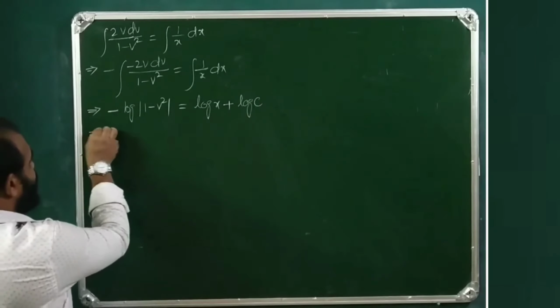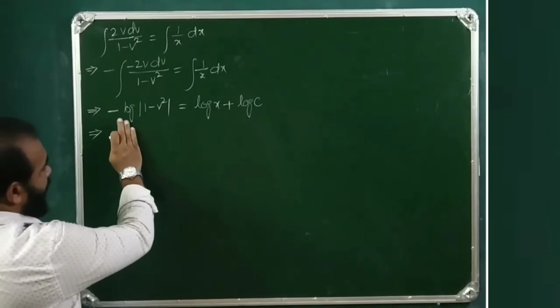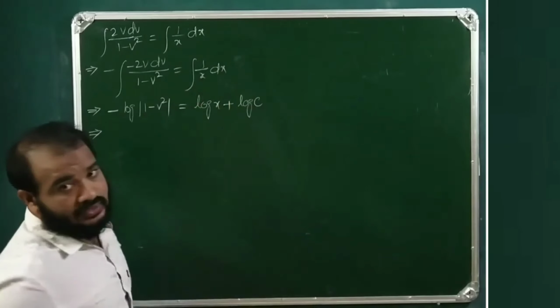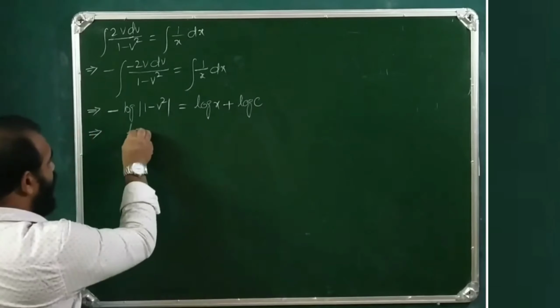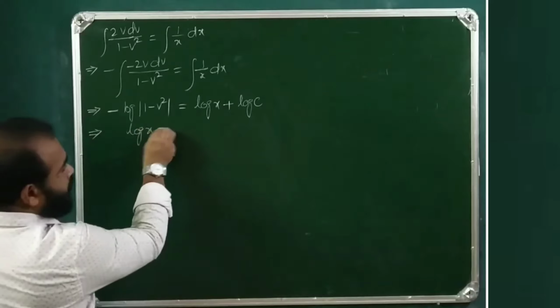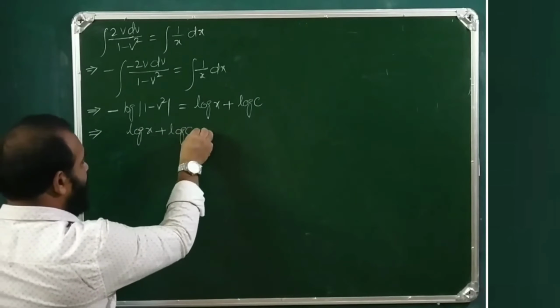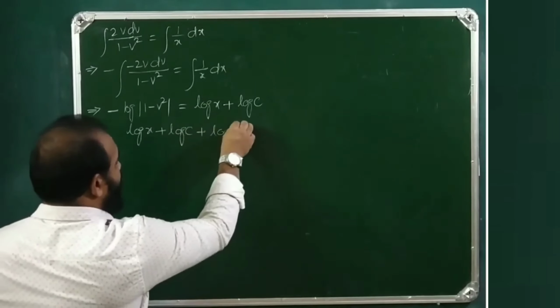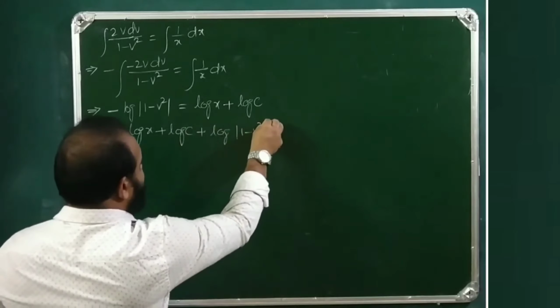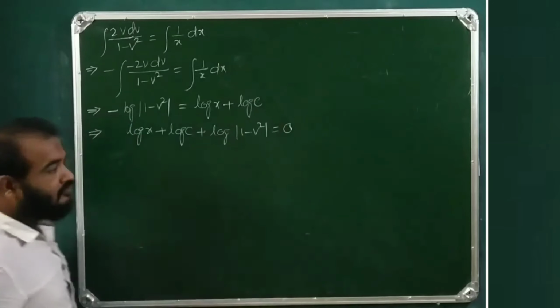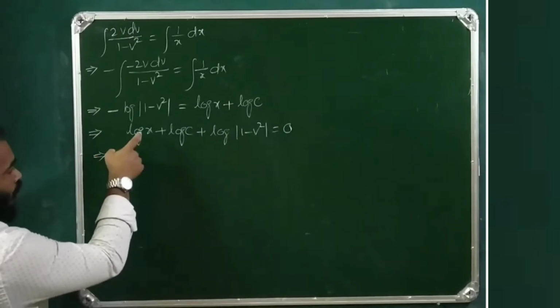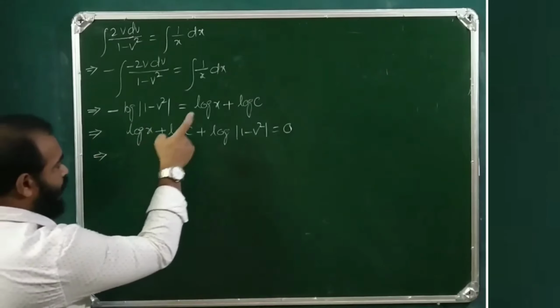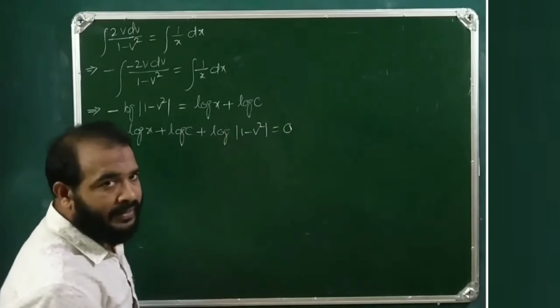So this is equals to, bring this term onto the other side, then we'll get log x plus log c plus log 1 minus v square is equals to 0. Log a plus log b plus log c is log abc.